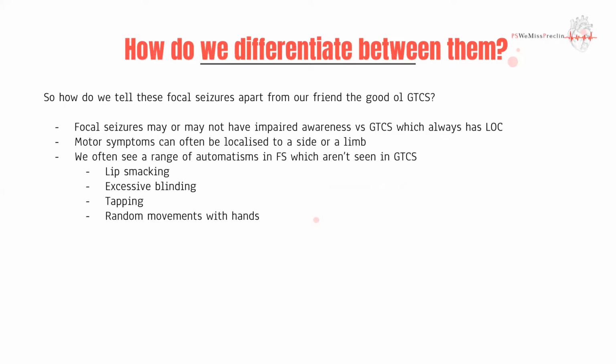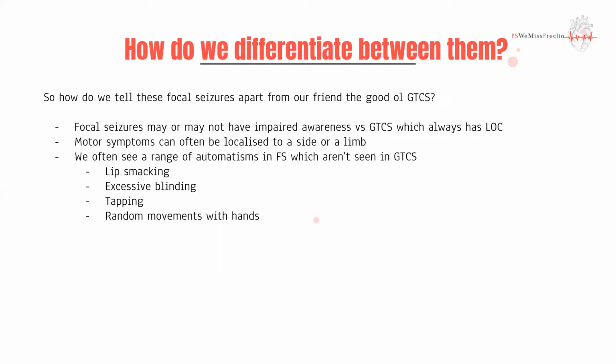How can we tell them apart from our good old friend, the generalized tonic-clonic seizure? So focal seizures may or may not have impaired awareness, as we just talked about, while GTCSs almost always have a loss of consciousness. Motor symptoms, if they do exist, are usually on one side, versus GTCS, where they usually are global.